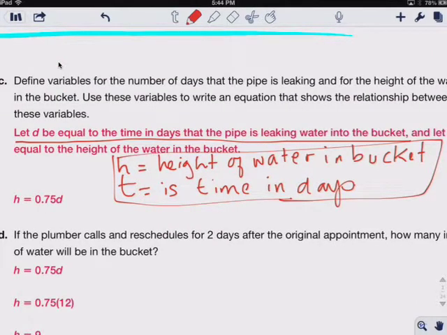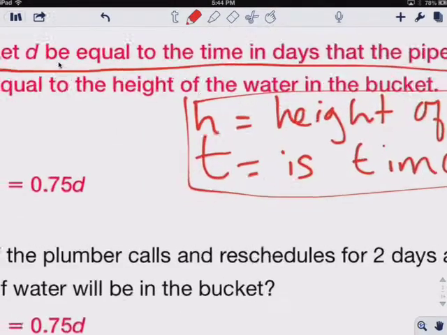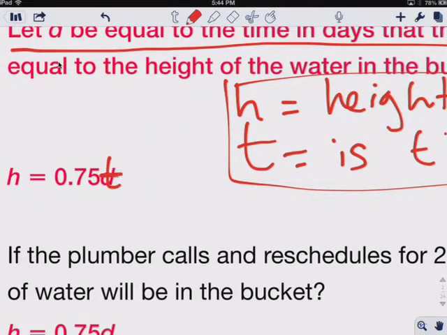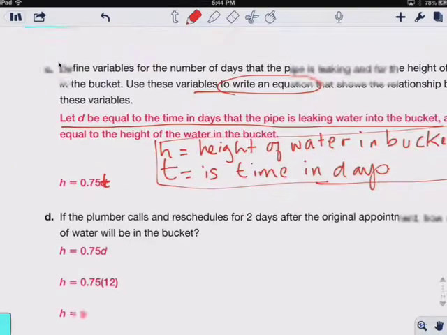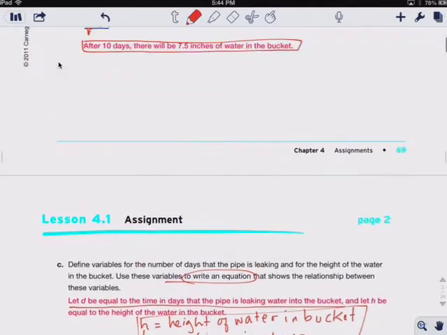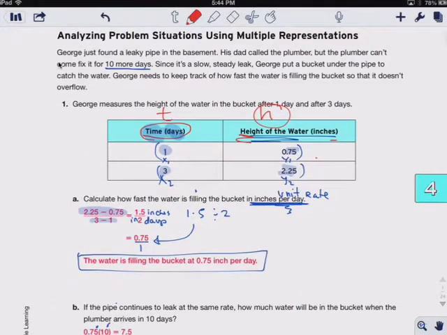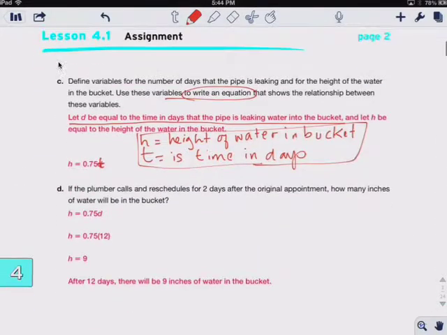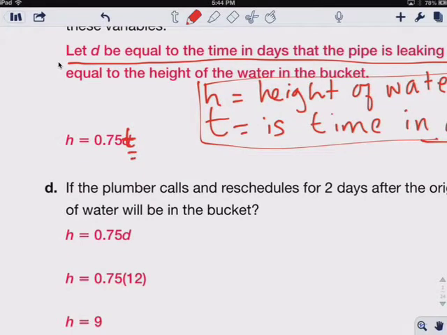And then here, use the variable to write an equation. So here's the equation. I use T instead of D. If you use whatever other variable you choose, remember this is the height of water in the bucket, and this is time. That's independent, dependent. Same thing it shows, independent, dependent, right there.